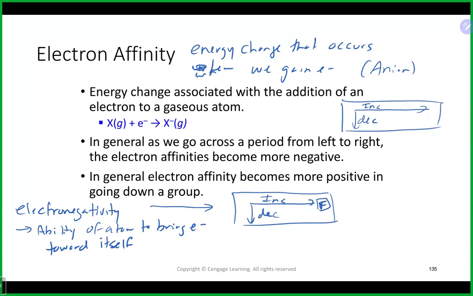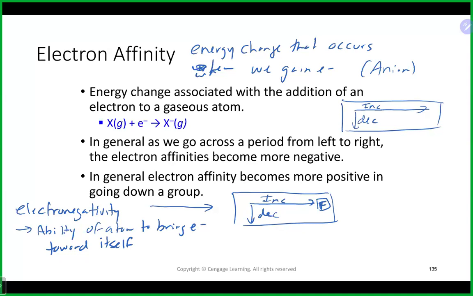Now, all of these trends lead to what we see in terms of the size of atoms. As we go up and to the right, we have a large effective nuclear charge, which brings those outer electrons closer to the nucleus. We have high ionization energy, which means they do not want to remove their electrons or give them away.